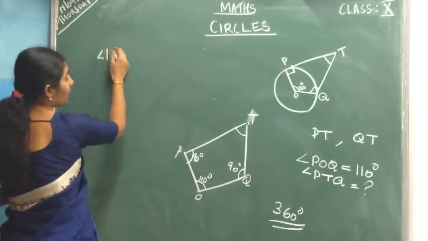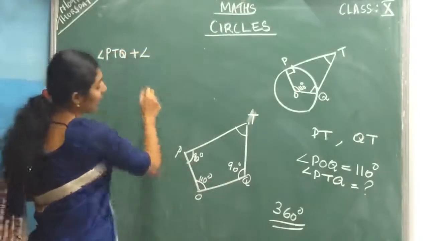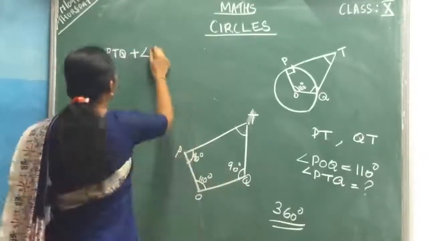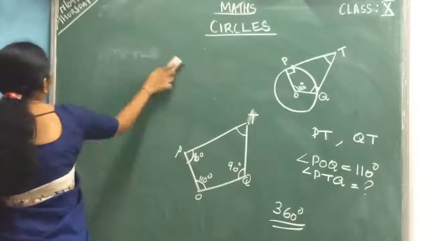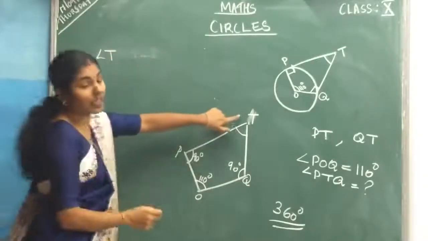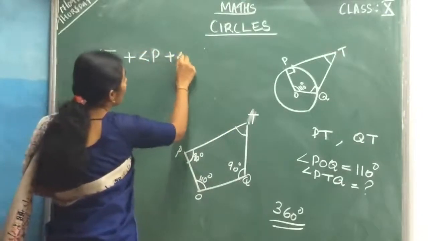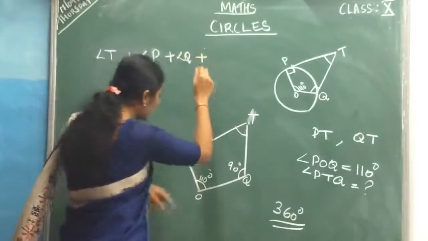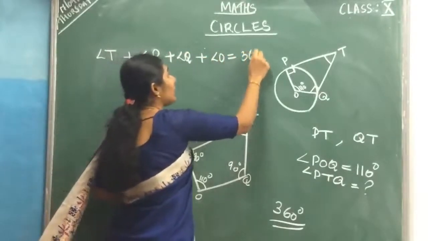So what can you say? Angle T plus angle P plus angle Q plus angle O equal to 360 degree.